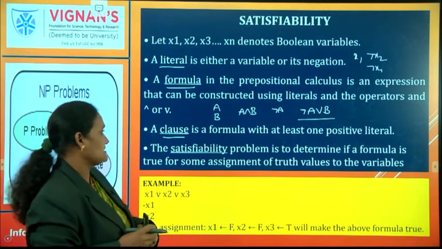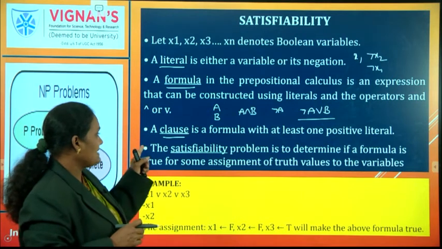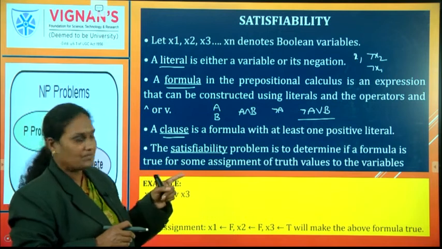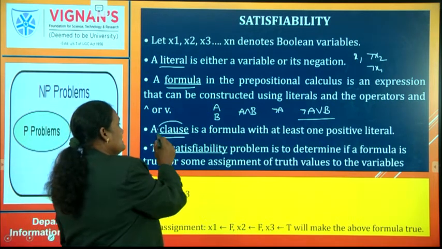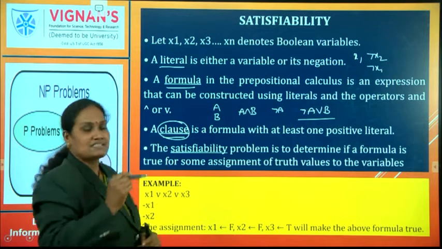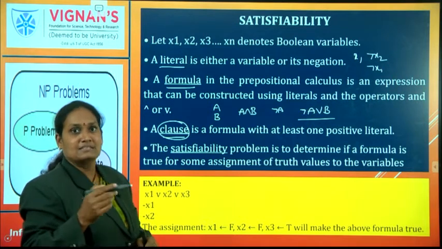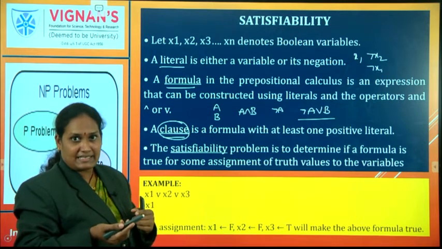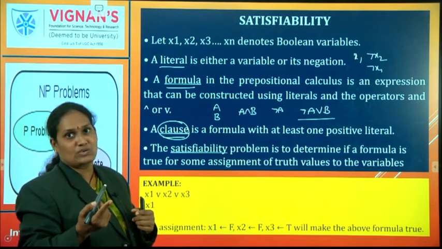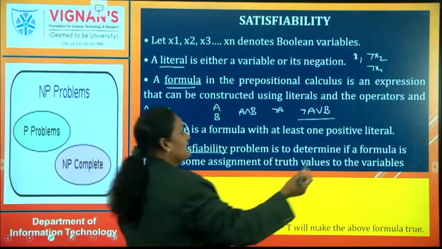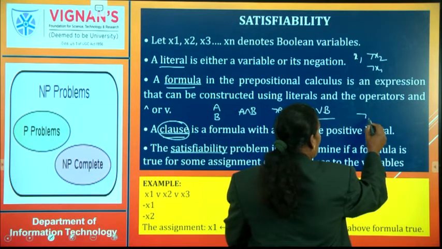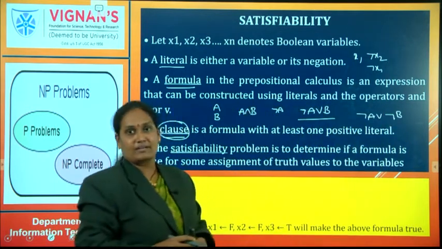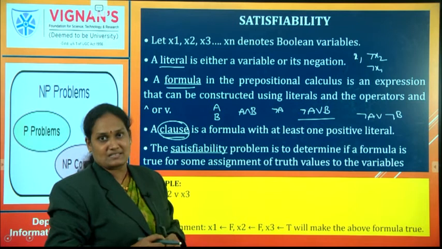Next, a clause. What is a clause? A clause is a formula with at least one positive literal. There may be a number of negative literals in a formula, but if a formula contains at least one positive literal, then we can call that a clause. Suppose I write a formula like negation A or negation B. Is it a clause?